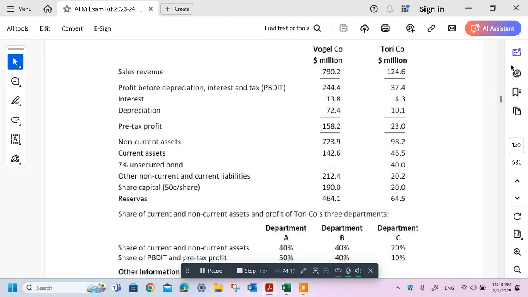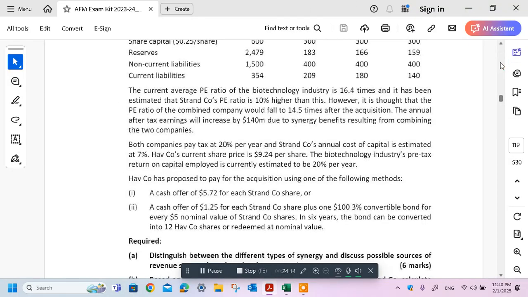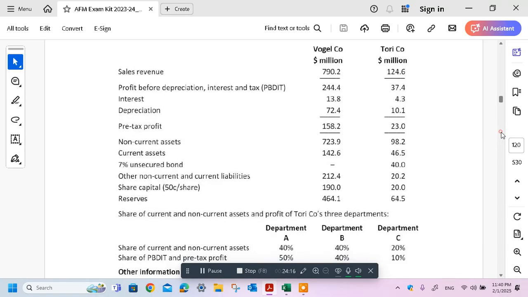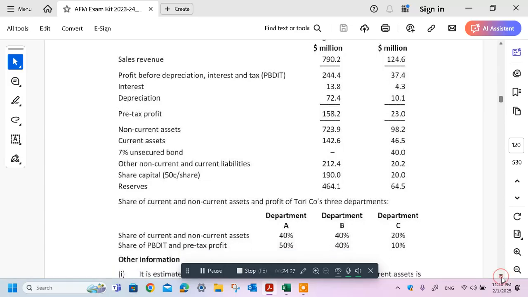What is given to us? There you go. PBT, pre-tax profit is given, 23. This is for the company. From department B, they say 40%, share of PBDIT and pre-tax profit 40%.